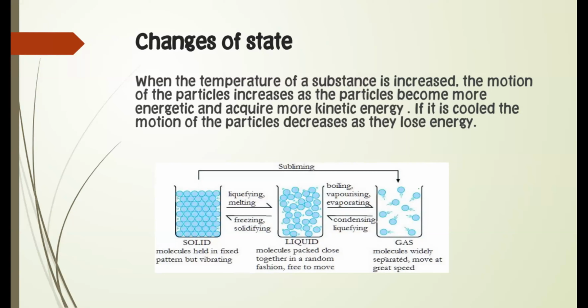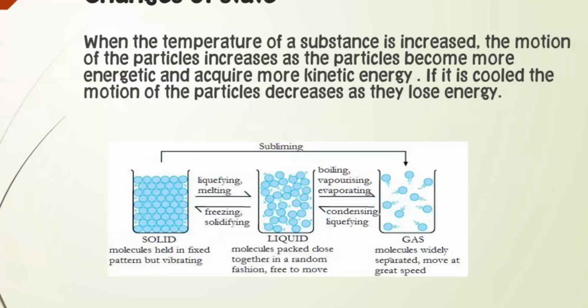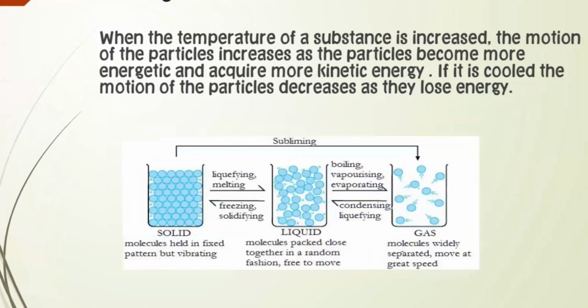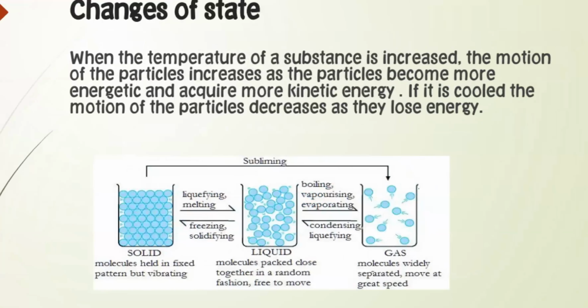And for this specific lesson, we are looking at 3 states of matter: solid, gas, and liquid. So they are telling us that when the temperature of a substance is increased, the motion of particles increases.